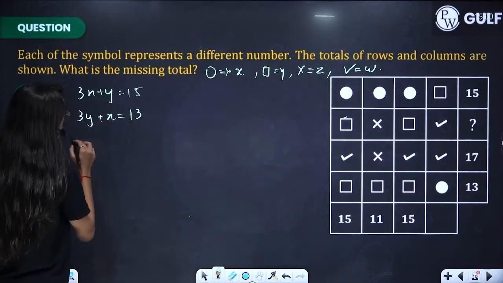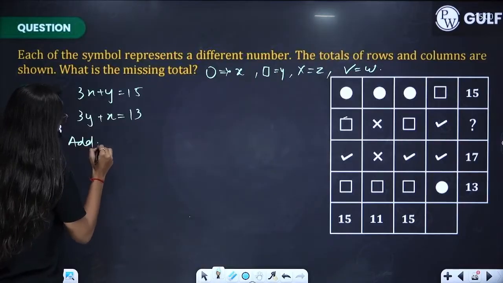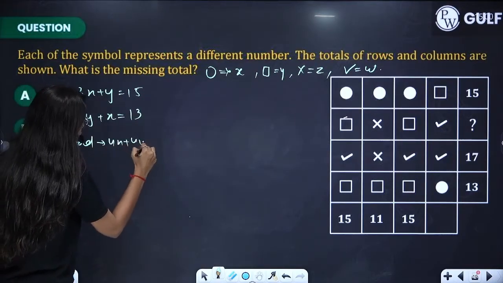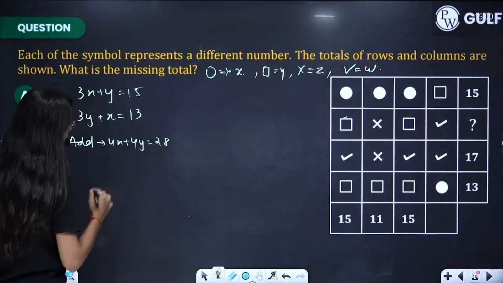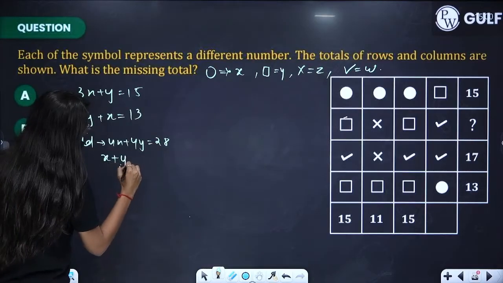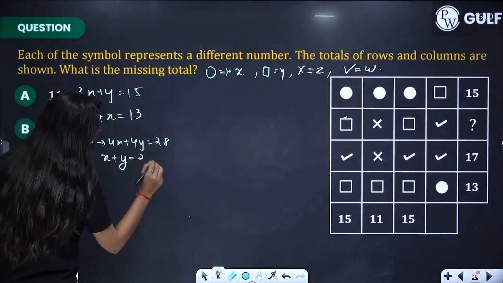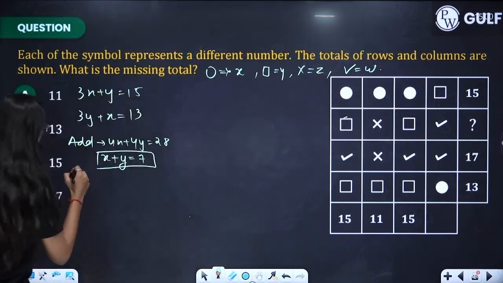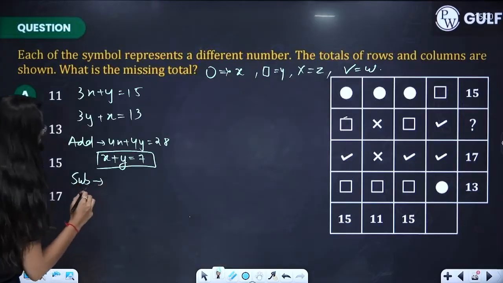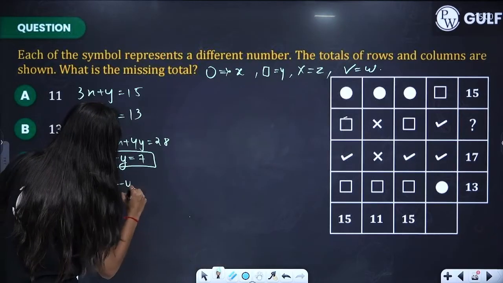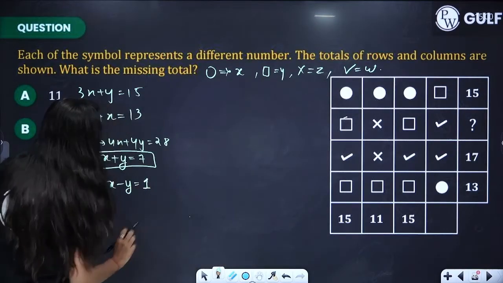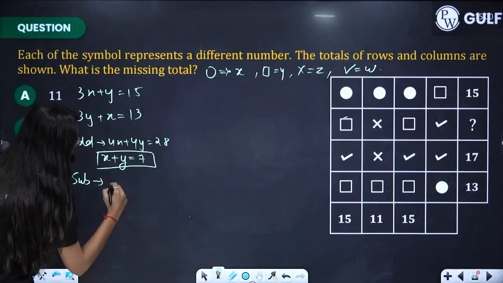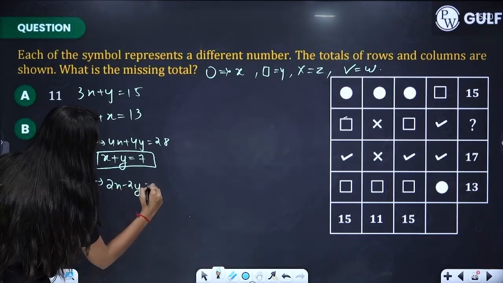On addition, you'll be getting 4x plus 4y is equal to 28. When solved further, x plus y is equal to 7. And on subtraction, initially you will obtain 2x minus 2y is equal to 2.